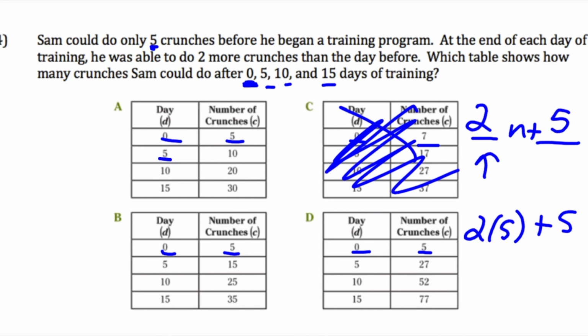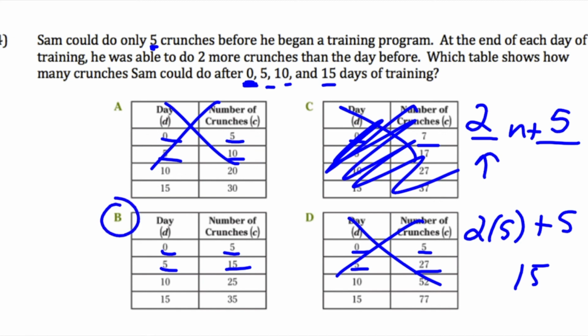So this one told me that when I plugged 5 in, I should get 10. Well, we just did that right here, and we got 15, so we know that one's out. B, we have our 5, 15 there, so B is still a good one. And then D, we got 5, 27, so D is out. 5 should have given us 15. So now we know our correct answer is B.